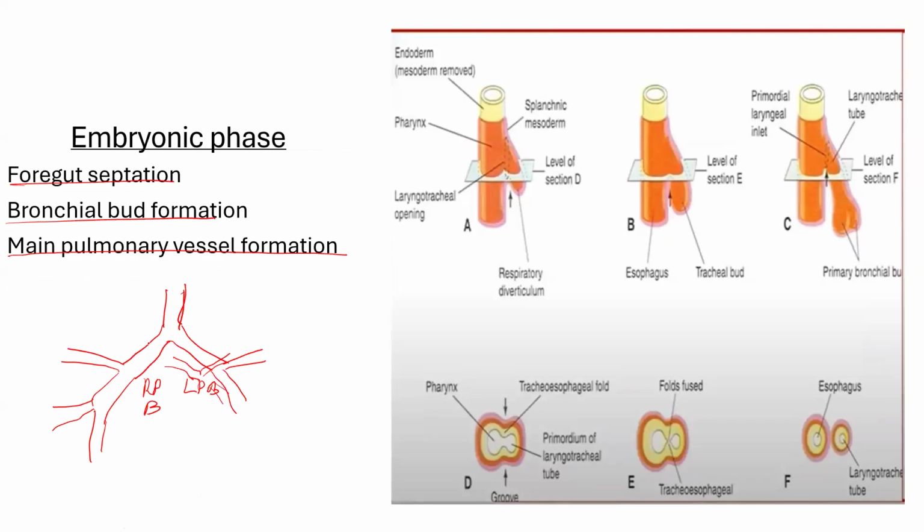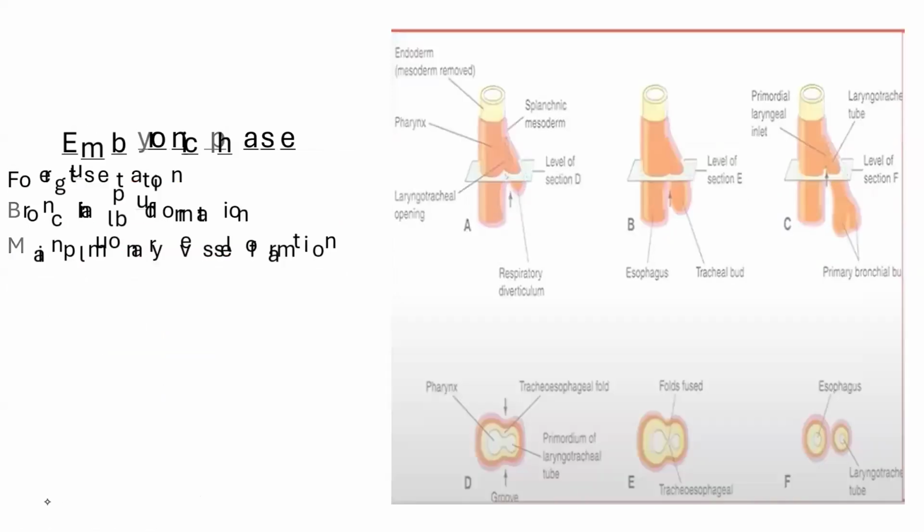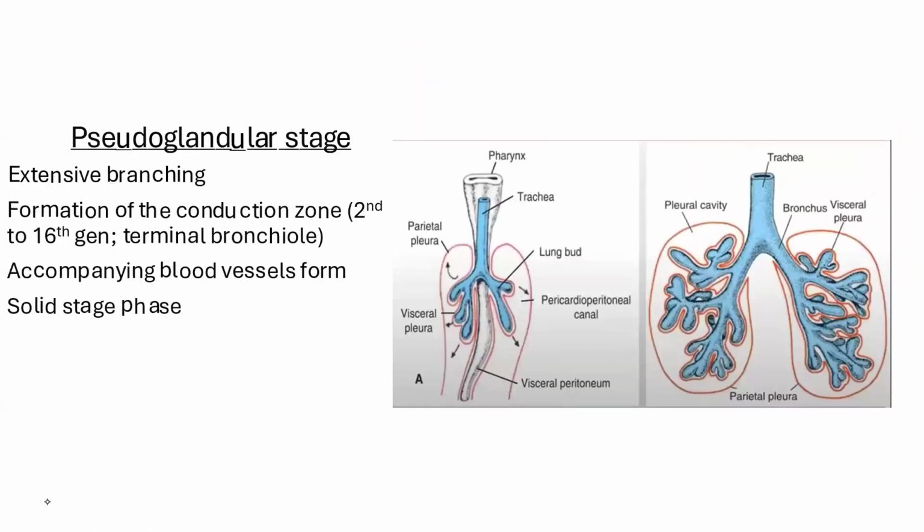The principal bronchus, which will come from the bronchial buds, is the first generation of the respiratory tree, okay. So the conduction zone extends from generation 1 to generation 16. The 16th generation are the terminal bronchioles, and that is where the conduction zone ends.